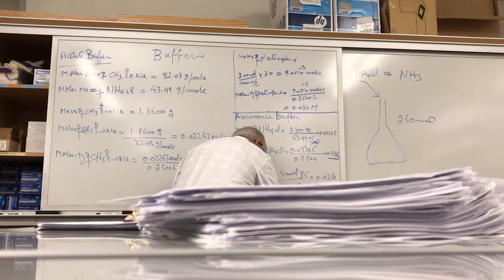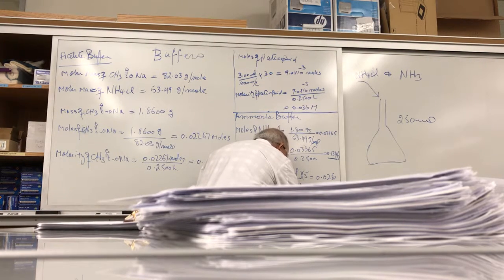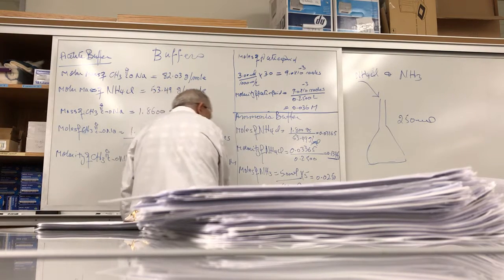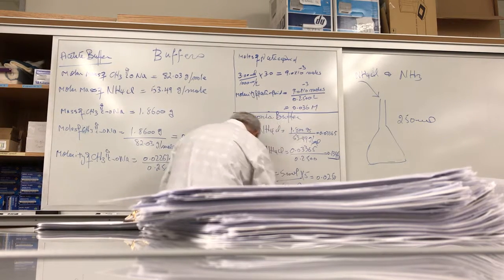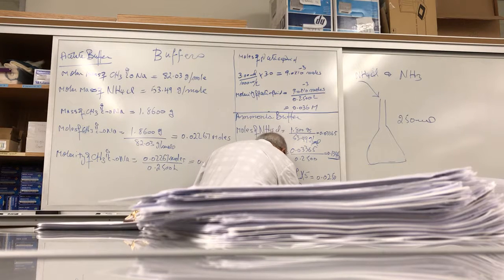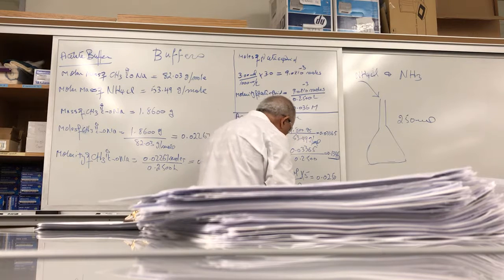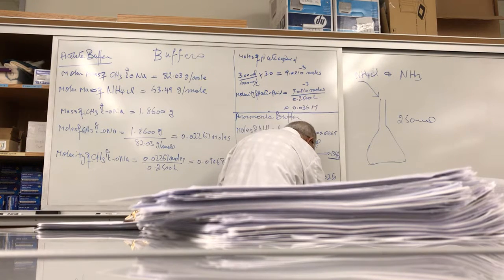It will be 0.0250 moles divided by 0.250 liter, the volume, and it will be 0.100 molar.